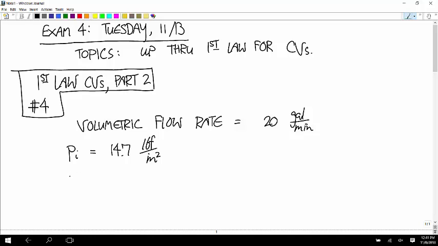The temperature is 64 degrees Fahrenheit, and the velocity is 40 feet per second.